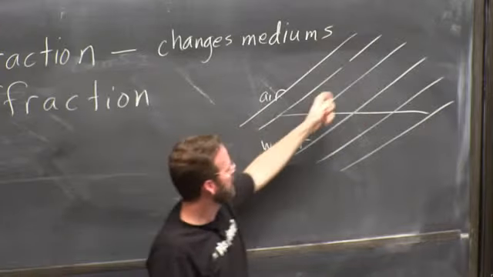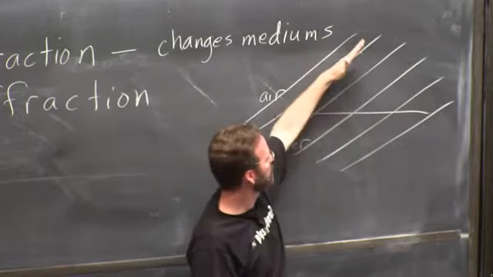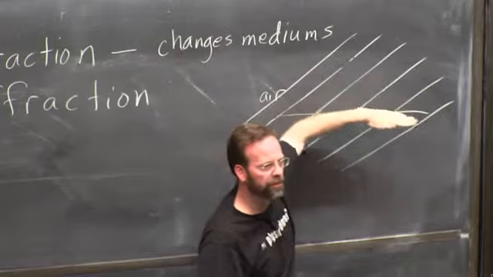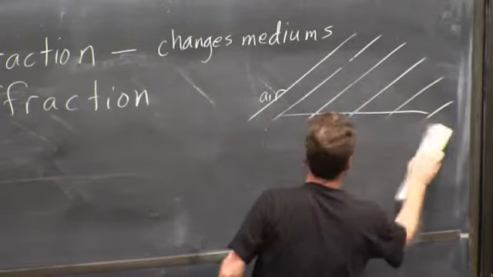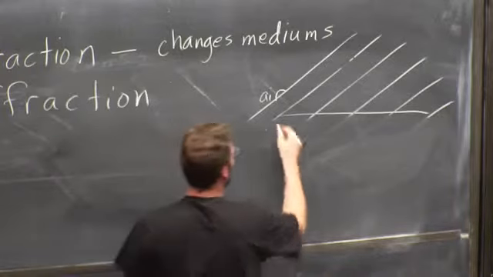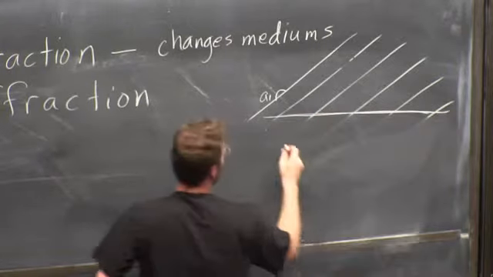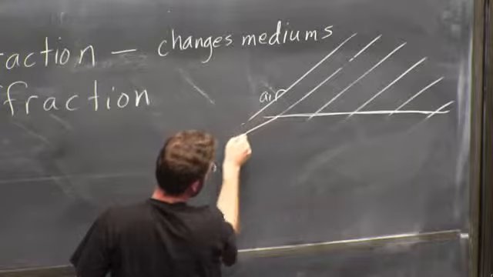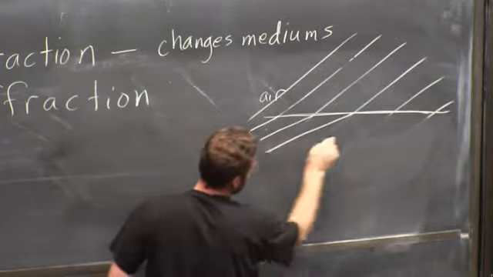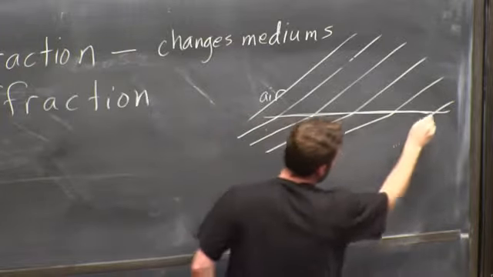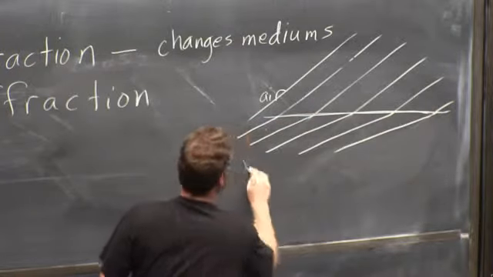This moves slower, that will move faster relative, and so it turns, it rotates, changes direction. So the stuff in the water gets bent. It's like lags behind a little bit. Like that.